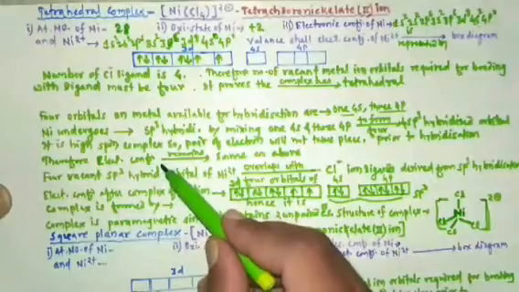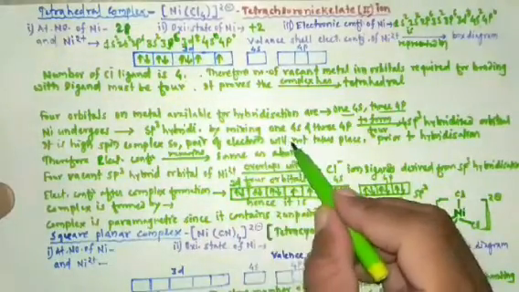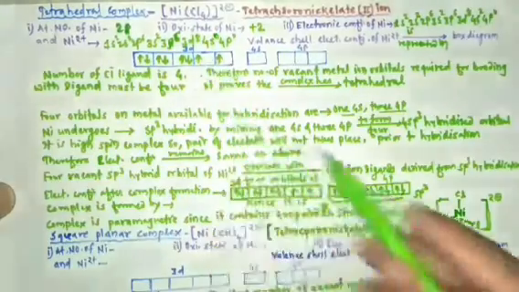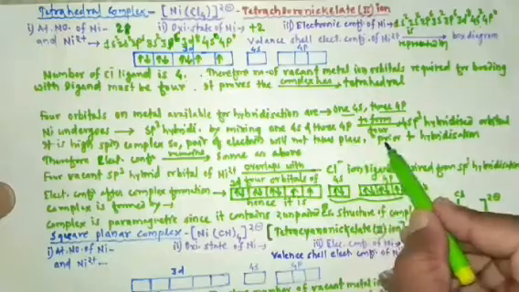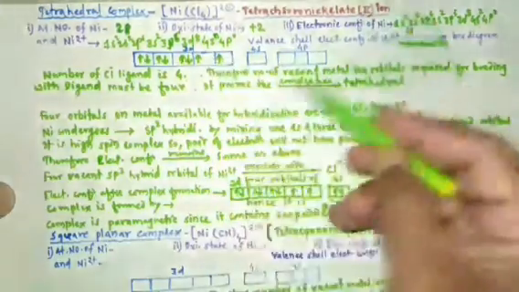This complex is a high spin complex. Since it is high spin, pairing of electrons does not take place prior to hybridization, so the electronic configuration remains the same as above.